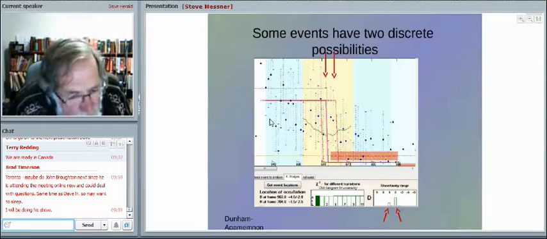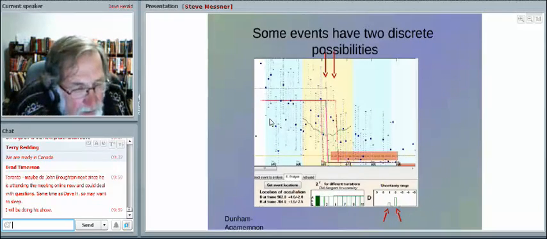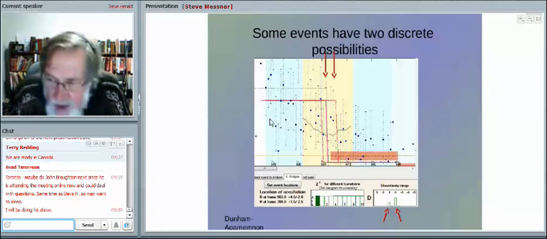One is more likely than the other, but still the second one is quite a serious possibility.